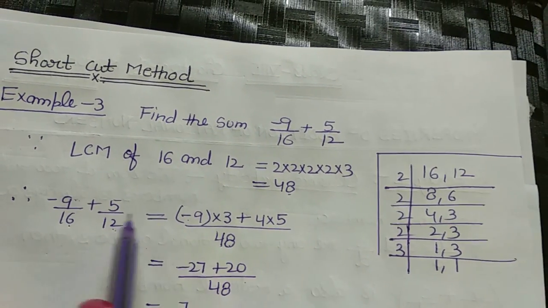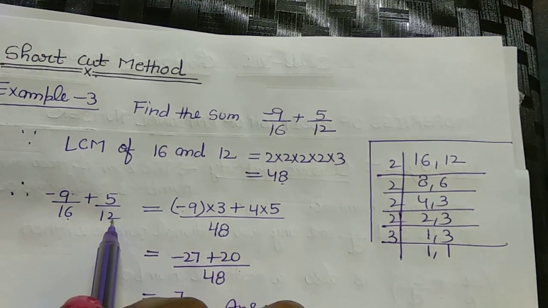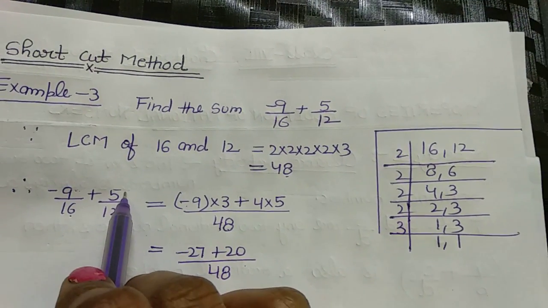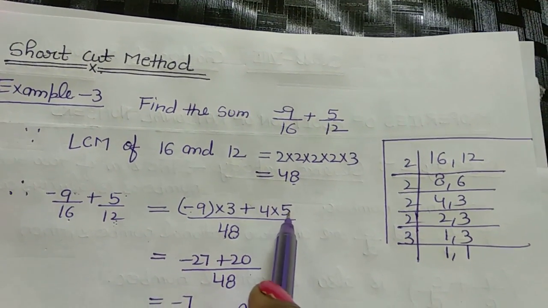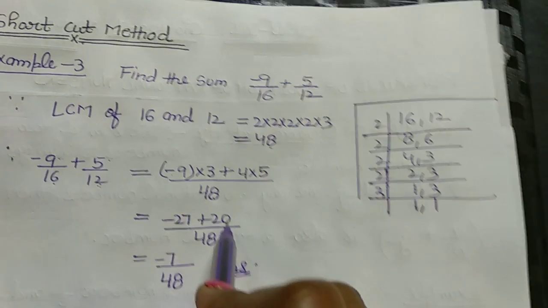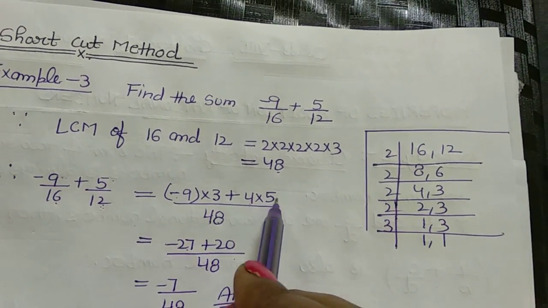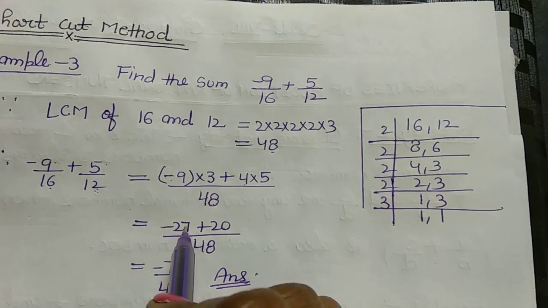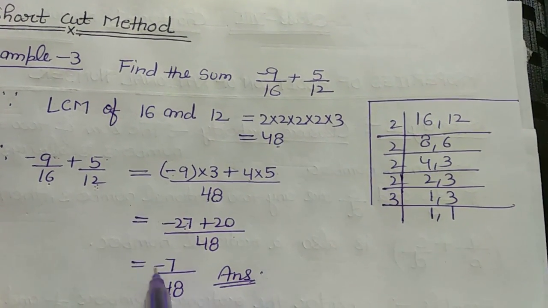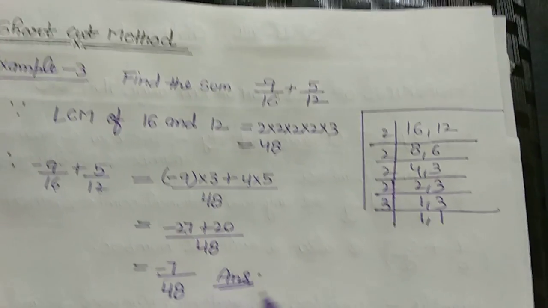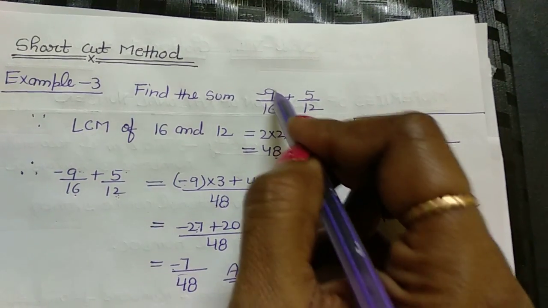So 48 divided by 12 is 4. Then this 4 will be multiplied into the numerator of the corresponding rational number, that is 4 into 5 is equal to 20. Minus 9 into 3 is minus 27. 4 into 5 is 20. So minus 27 plus 20 is equal to minus 7 upon 48. That is the answer of the addition of the given rational numbers.